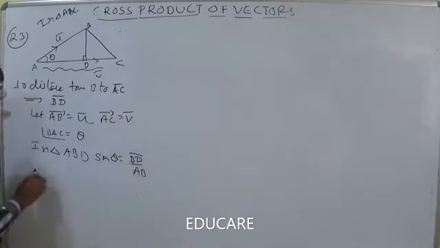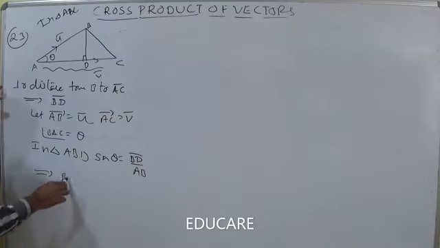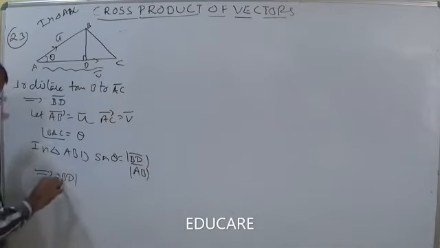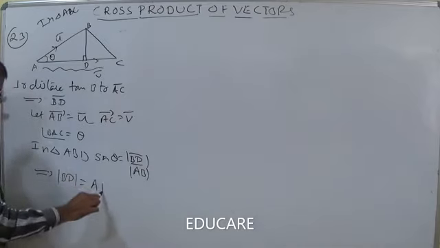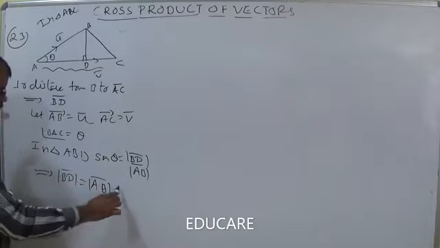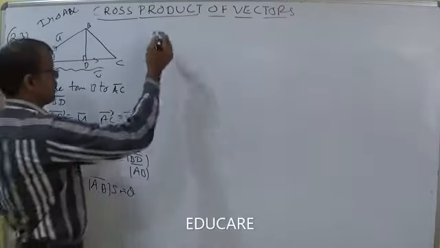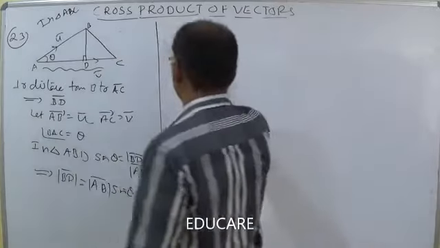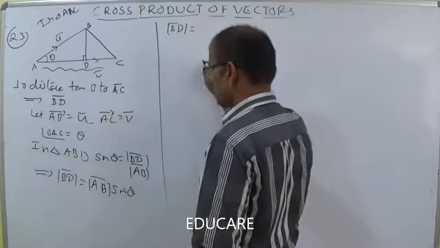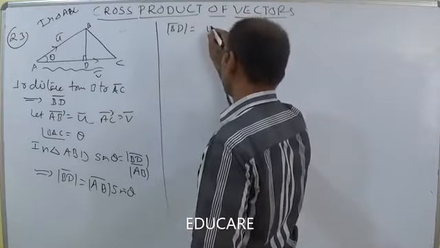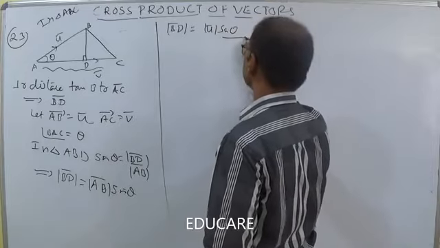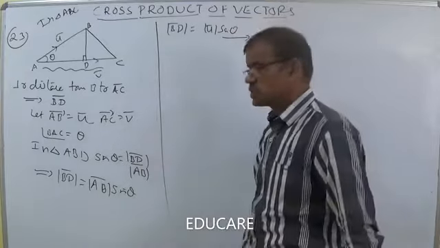That implies, better to put modulus, mod BD is equal to mod AB into sin theta. Mod BD is the perpendicular distance. Mod BD is equal to mod u bar into sin theta. Let it be the first equation.